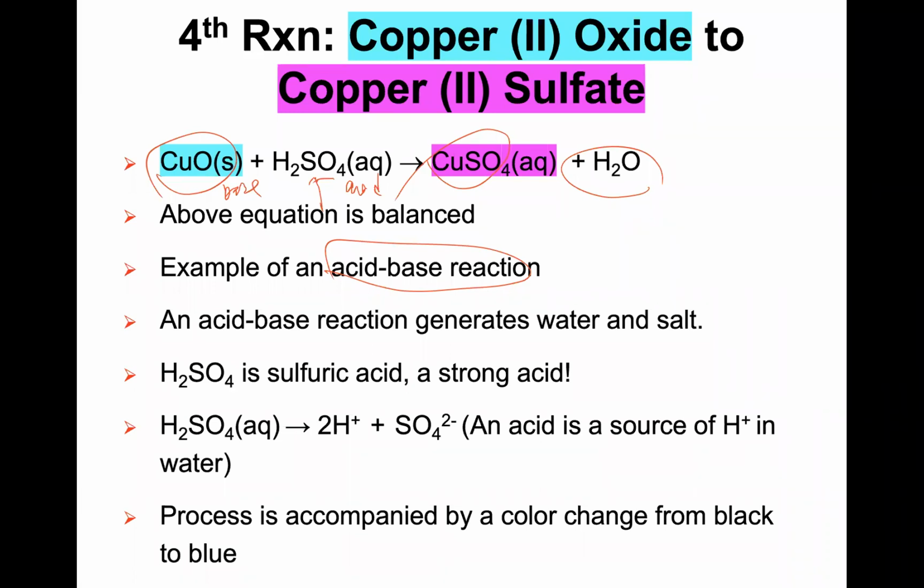So in this case, sulfuric acid will dissociate to give protons and sulfate, right? You can see that this process is accompanied by a color change. Why? Because this one is black, we mentioned that earlier, and it goes to the copper cation associated with water, so it can associate with five waters, then you form copper sulfate, and this one shows blue color.